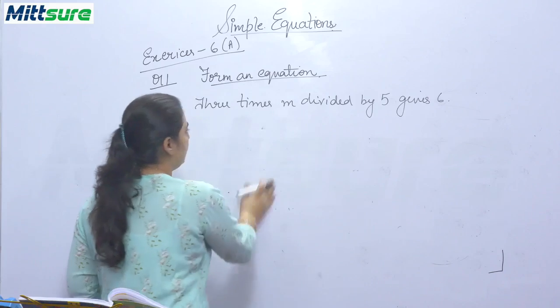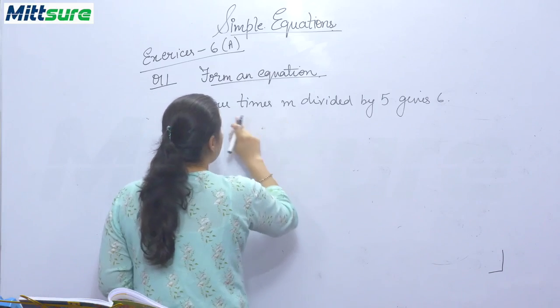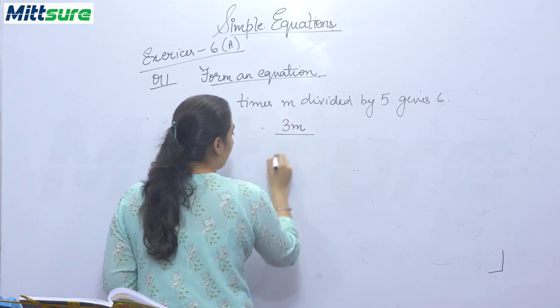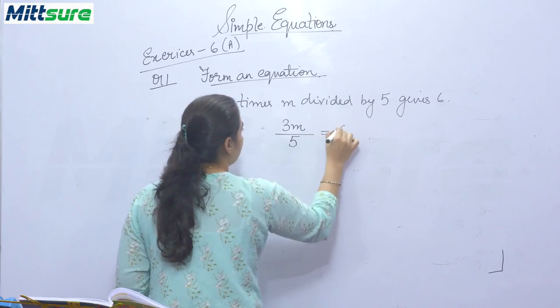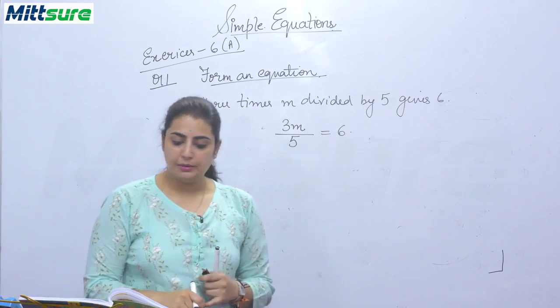What will be the equation for this statement? The statement is 3 times m, that means 3m divided by 5 gives you 6. Right? So this was question number E.